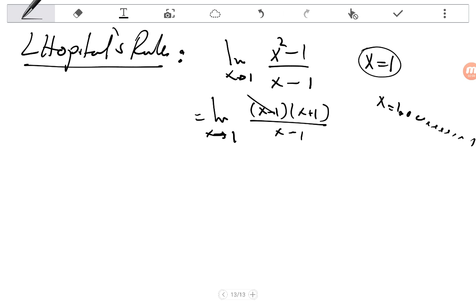So this is cancelled by this one. So that will be limit x approaching 1 of x plus 1, which will be 2. Okay? So whenever x here is approaching 1, the function is approaching 2.